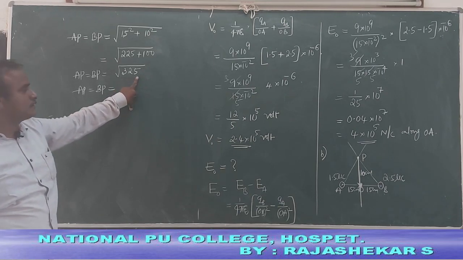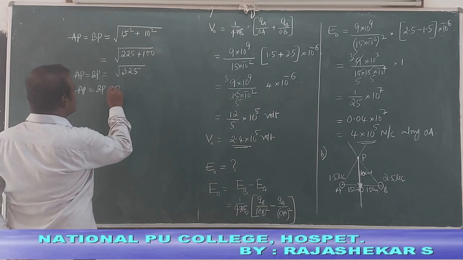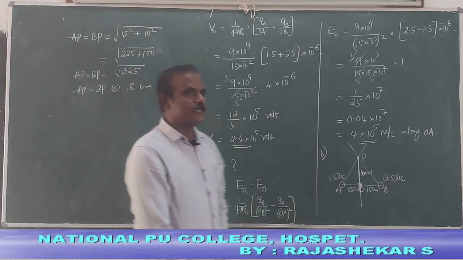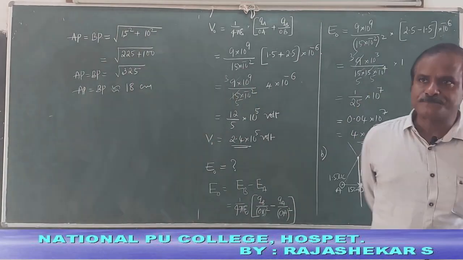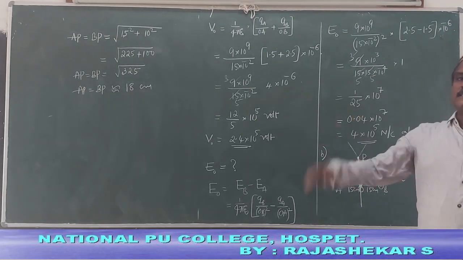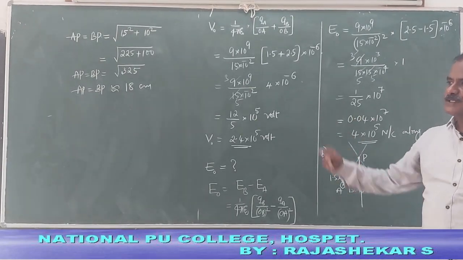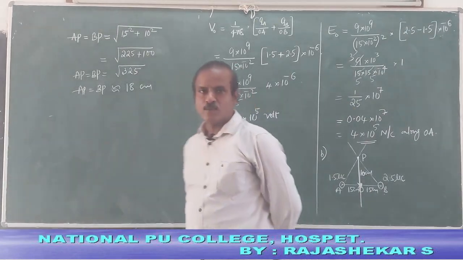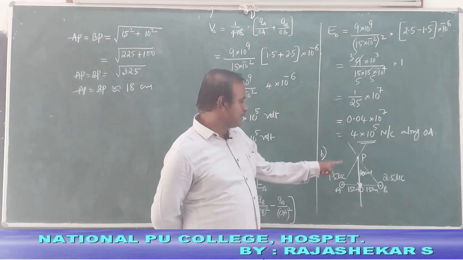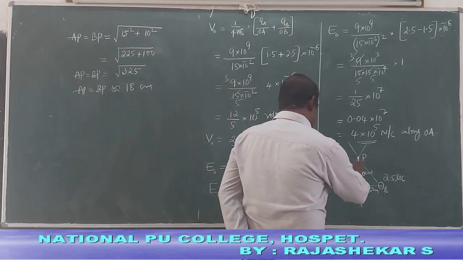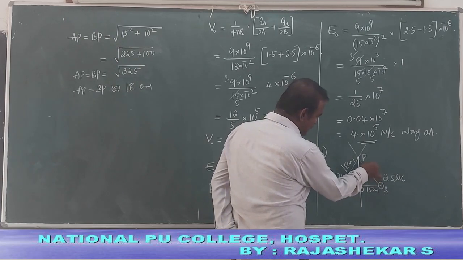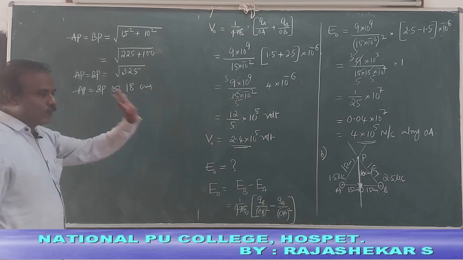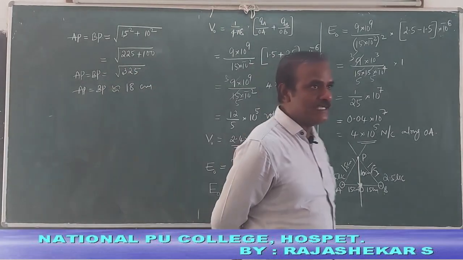So this is almost 18 centimeters, approximately rounded off to 18 centimeter, because root of 324 is 18, it comes to somewhere 18 point something. So let us round off to 18 centimeter. Why is this distance calculated? Because this is what we want. This is now 18 centimeter. This is also 18 centimeter, remember. Hence we can now calculate potential as well as field.